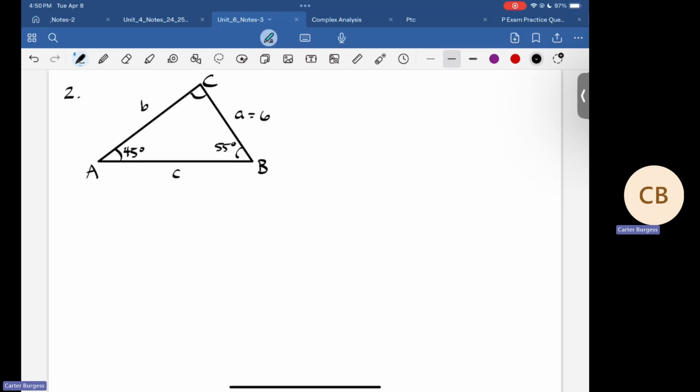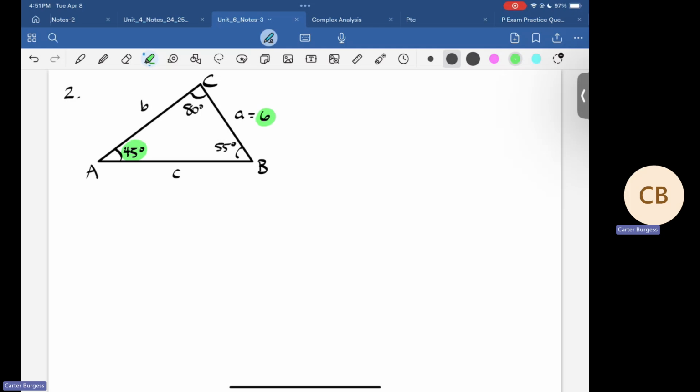First and foremost, probably the easiest thing to find here is the missing angle. When I know 2 of my angles, the way we can find the third is obviously subtracting from 180. So 45 plus 55 is 100, and 180 minus 100 will give us that this should be an 80-degree angle. And this is perfectly set up for our law of sines, mainly because we have a known angle to side pair.